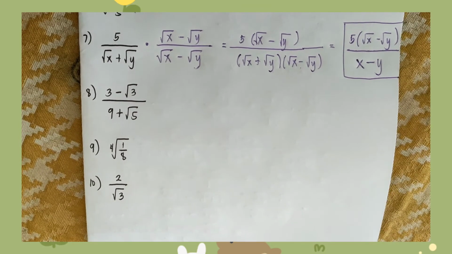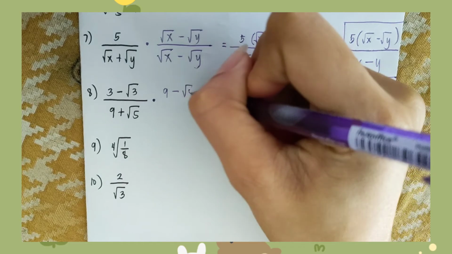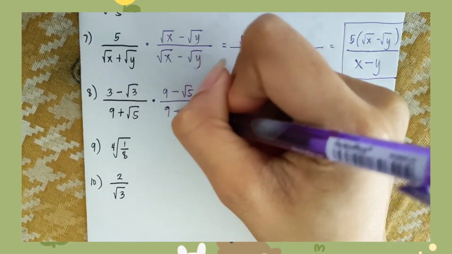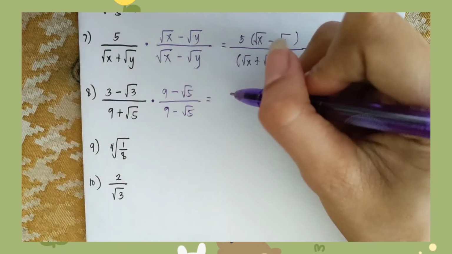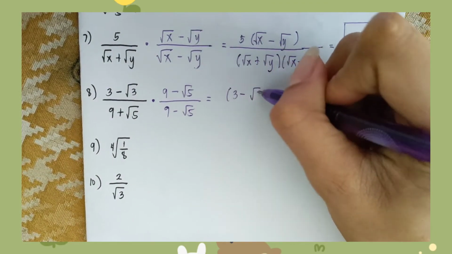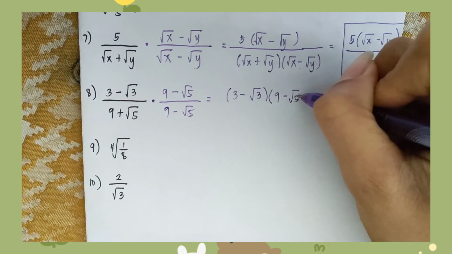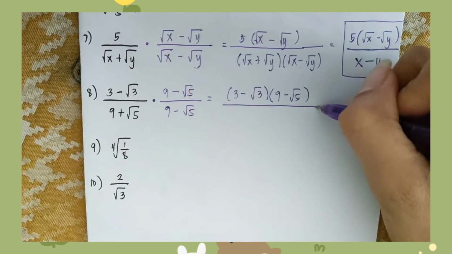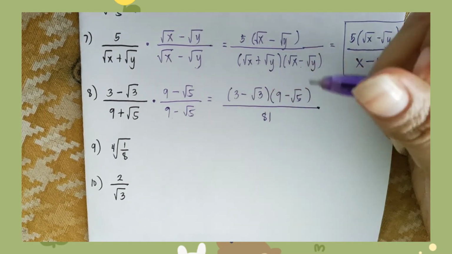Next, number 8. 3 minus the square root of 3 all over 9 plus the square root of 5. So, conjugate again. Multiply by 9 minus square root of 5. Okay, so we have here 3 minus the square root of 3, and then 9 minus square root of 5, all over 9 times 9, that is 81.